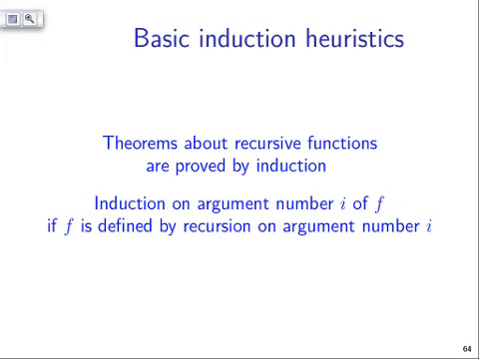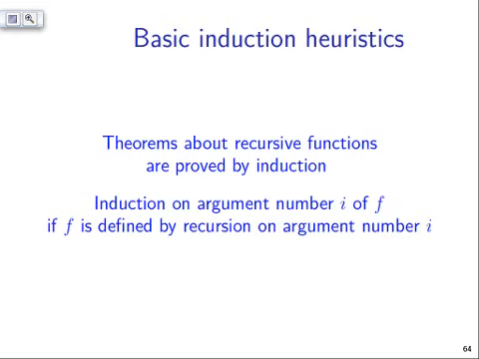Now, of course, this is just a heuristic because there might be multiple occurrences of some function, or there might be multiple functions in your proposition that you want to prove, and then you don't know what is the best one to choose as the one that guides you towards the induction. But certainly, if you want to make progress in computing with a function, you have to instantiate its argument number i to various patterns, and the only way to do that is to do things by induction.